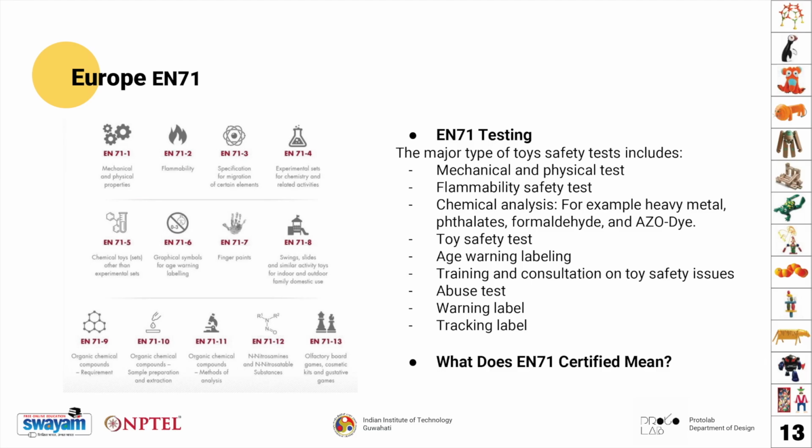The major types of toy safety tests include mechanical and physical tests, flammability safety tests, age warning labels, training and consulting on toy safety issues, abuse tests, warning labels, tracking labels, and chemical analysis, for example, heavy metals, phthalates, formaldehyde, and azo dye.